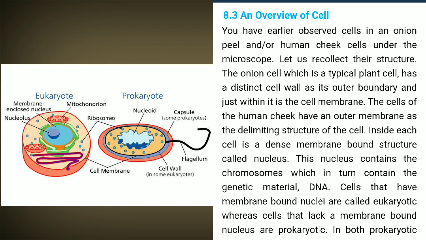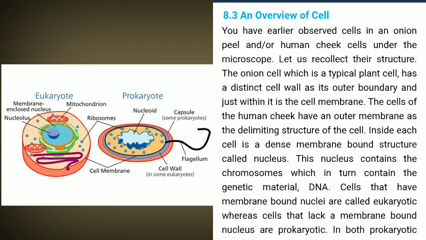Those primitive cells, as they do not have a nuclear membrane that encloses the genetic material, are called prokaryotic cells.